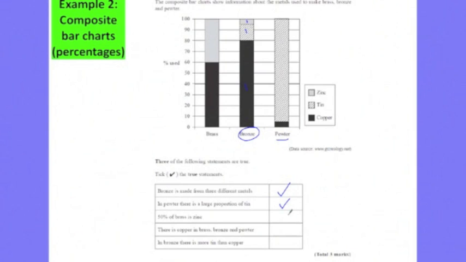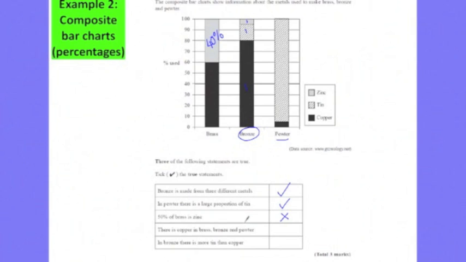The third statement is that 50% of brass is zinc. Let's have a look at the brass column over here now. Zinc is the grey shading here, and that goes from 100 down to 60. So that's actually 40%. So the statement that 50% of brass is zinc is not true. It is only 40%.